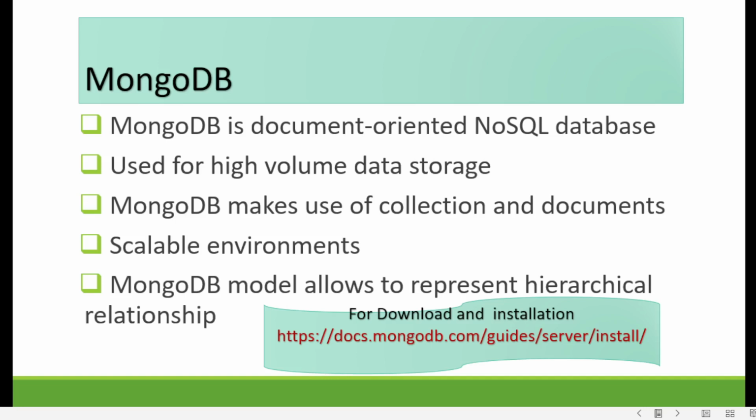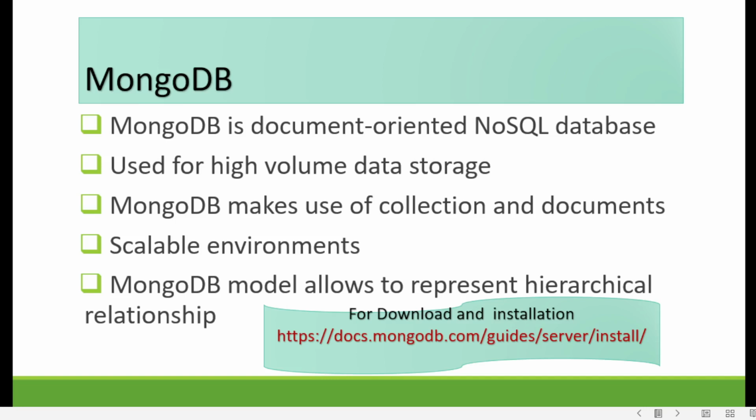MongoDB is a document-oriented database. It provides the feature of auto scaling. It is a cross-platform database, which can be installed across different platforms like Windows, Linux, etc. It is used for high volume data storage. MongoDB makes use of collections and documents and is a scalable environment.